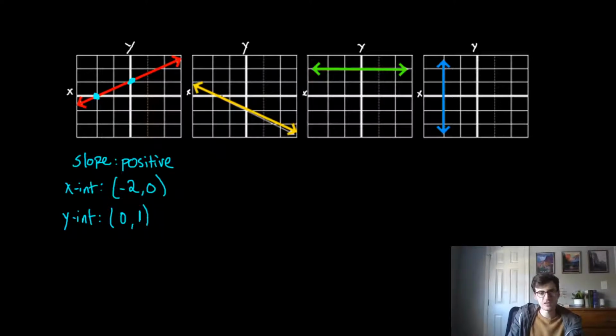Let's look at this next graph. Okay, now as x is increasing here, y is decreasing. So we would say that this is a negative slope. Now, this is maybe a little off, but it's pretty close.